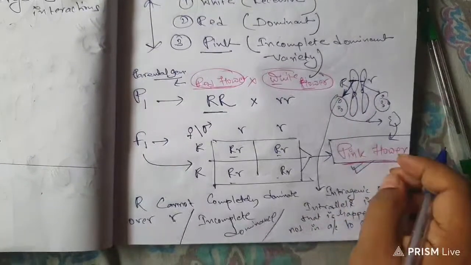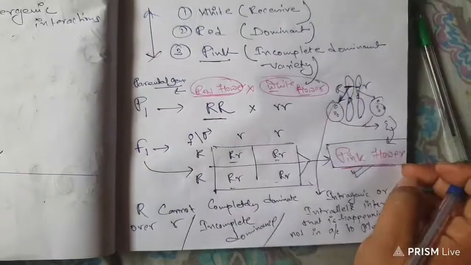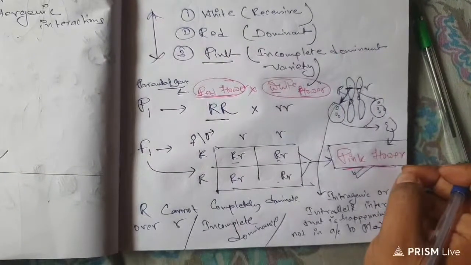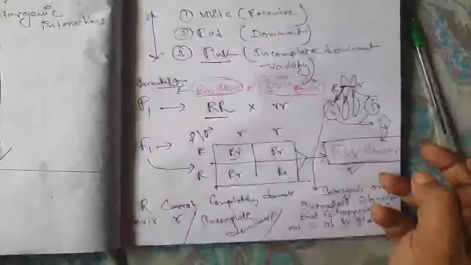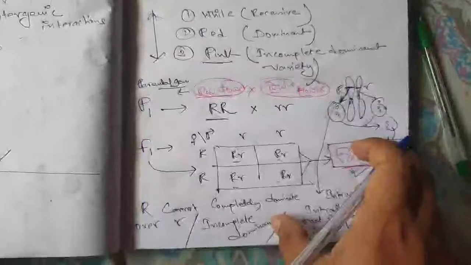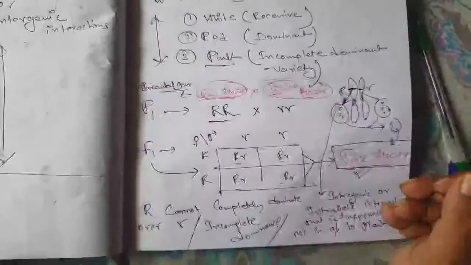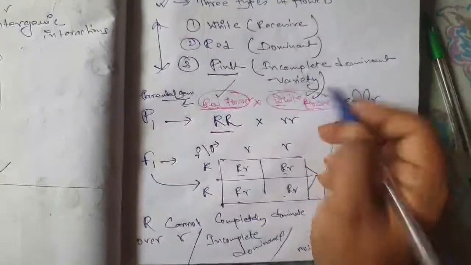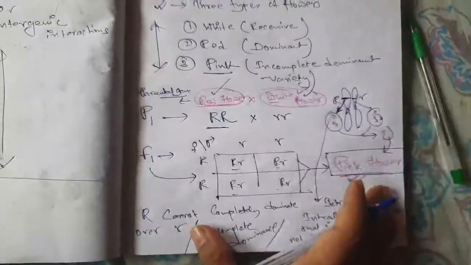Now, I hope that you understand that in case of incomplete dominance you get an intermediate character. You neither get the dominant character nor the recessive character, but the intermediate character.